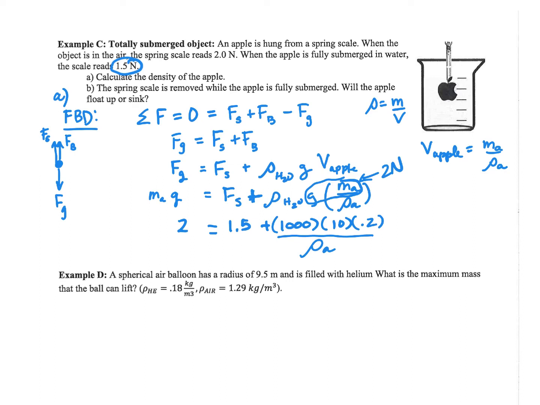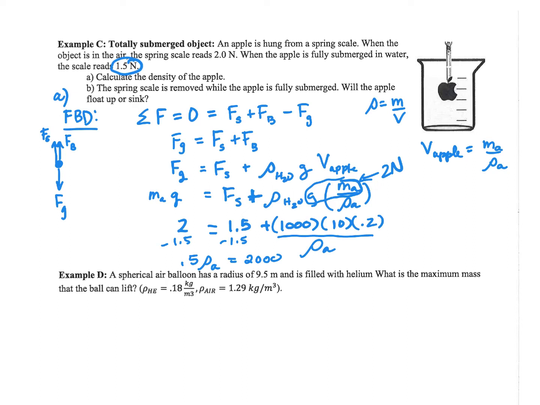Yes. We're going to subtract 1.5 from both sides. So we have 0.5 times the density of the apple equals all of that, 2 times 1,000, excuse me, not 20. 2 times 1,000, so 2,000.